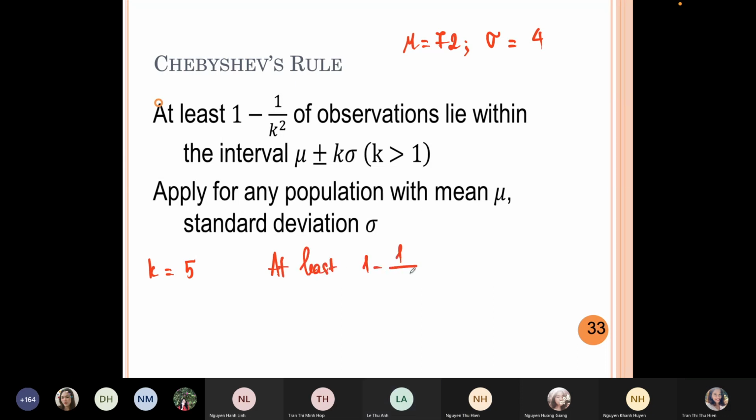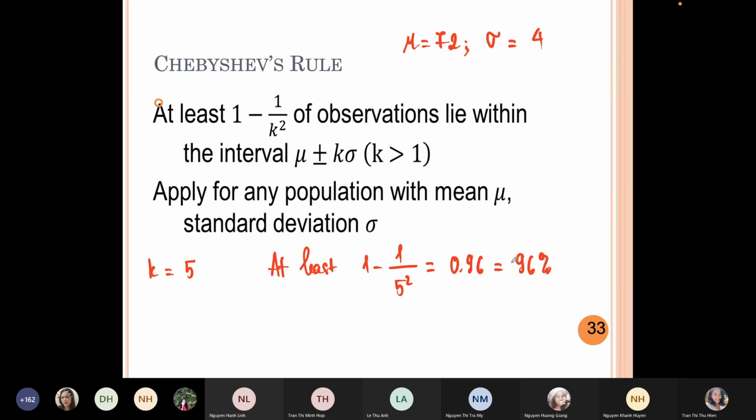So in here, at least 1 minus 1 over 5 squared. I mean, bao nhiêu đây ạ? 1 trừ đi 1/25 là bao nhiêu? 24/25, 0.96 or 96%.